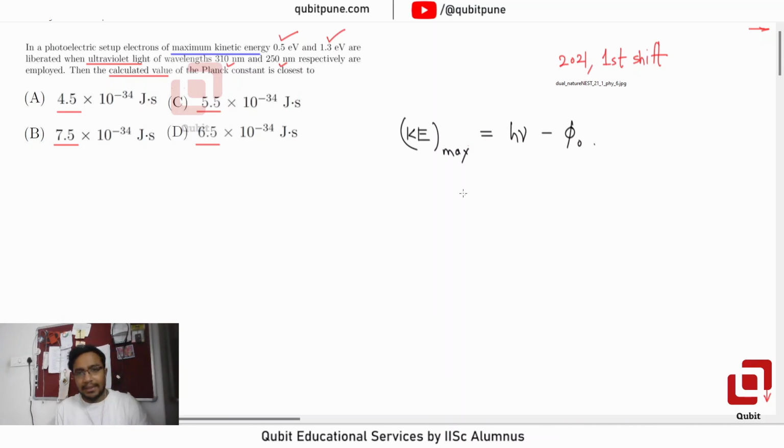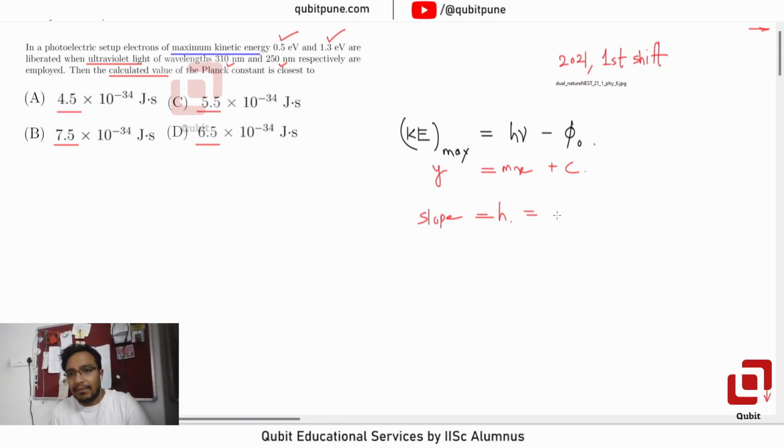Now we know that if we consider this to be y equal to mx plus c, then what is the slope? Slope is equal to Planck's constant. So basically that is what they want us to find, right? So, the value of the Planck's constant using the data.